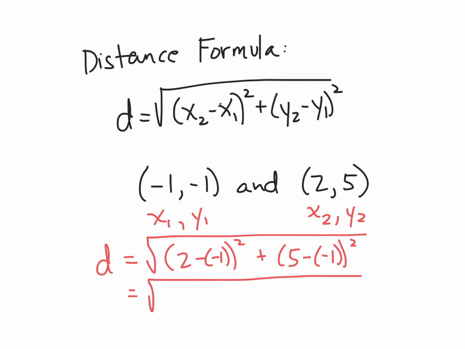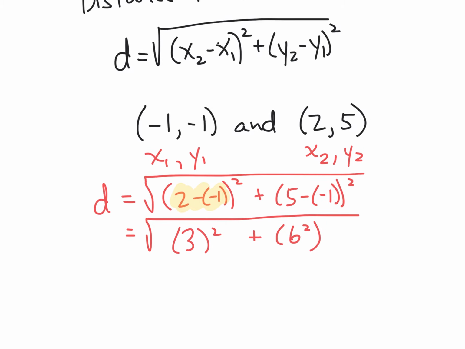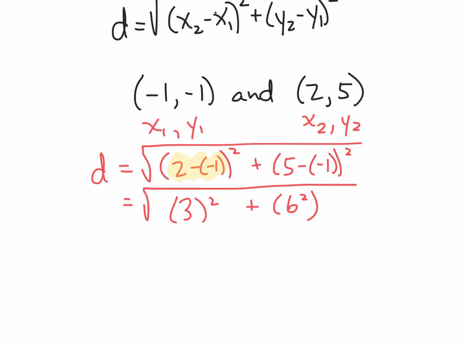So first thing is 2 minus -1, which is actually 3. So we're going to do 3 squared plus 5 minus -1, which is 6. So we're going to be doing 6 squared. Then take the square root of that.